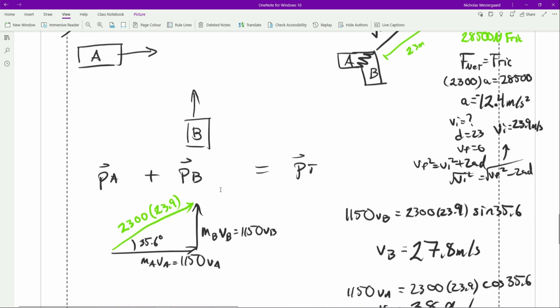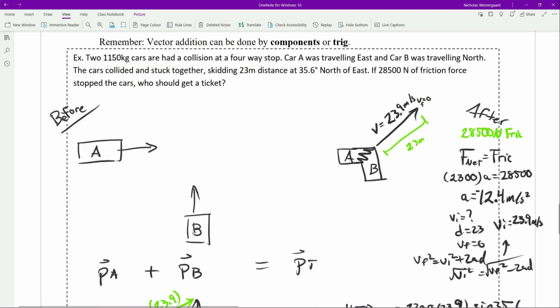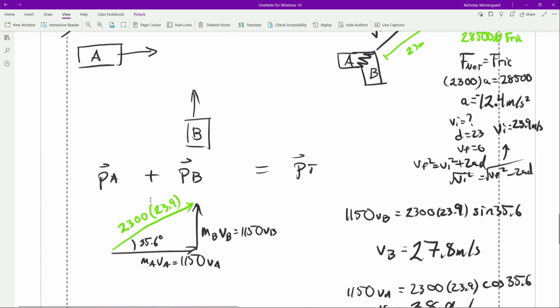Now, looking at this, this is a momentum relationship. I need to know how these momenta fit together. So this is my momentum total, momentum stuck together. The mass of them together, so I added the masses, 1150, they're both the same mass, and I'm multiplying it by that velocity. That's the direction it's going, 35.6 degrees north of east.